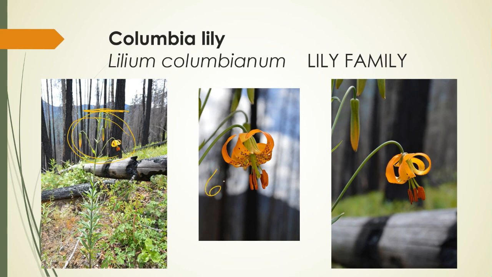They have 6 tepals that kind of curl back, and with those brown spots, you kind of see why they're called tiger lilies. They have an interesting arrangement on their leaves. The leaves are whorled on the stem, so a lot of leaves coming out of the same spot on the stem. But these you'll just spot here and there.